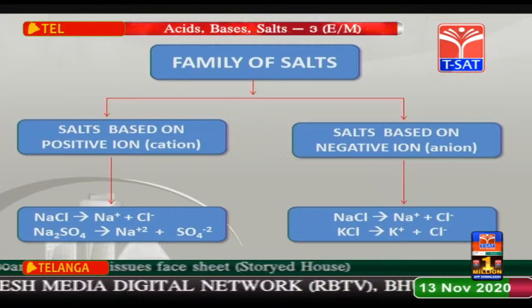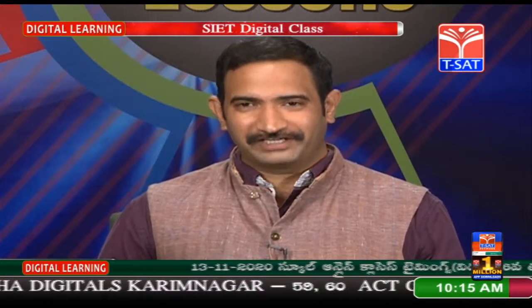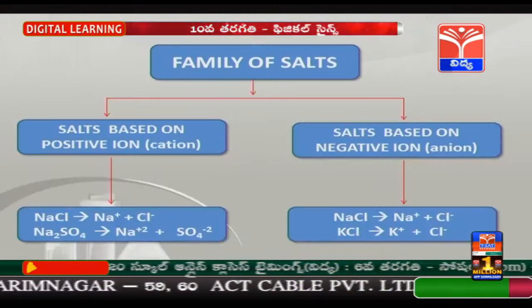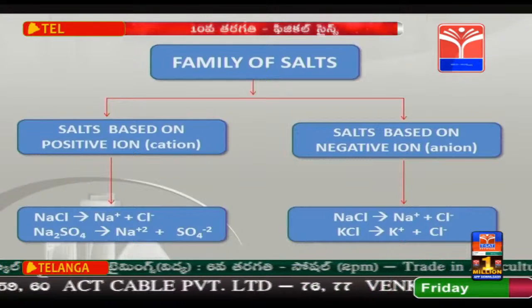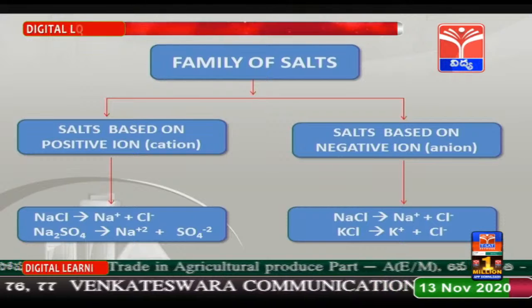Next, if we take KCl, it dissociates in water to form potassium ions and chloride ions. What is the cation here? Potassium. What is the anion? Chloride ion. What is the common ion here? Yes, it is the chloride ion.